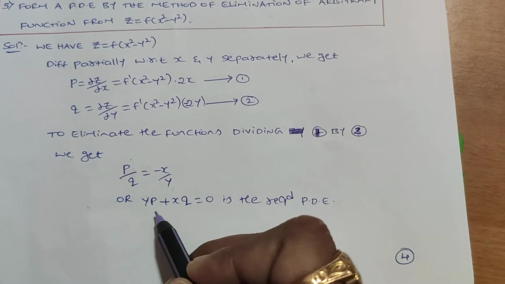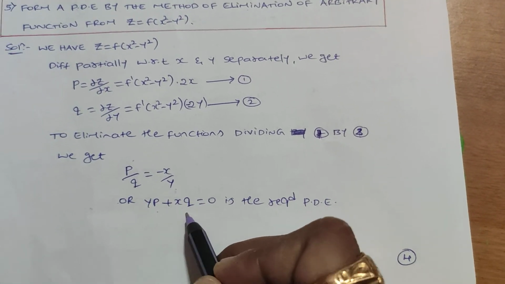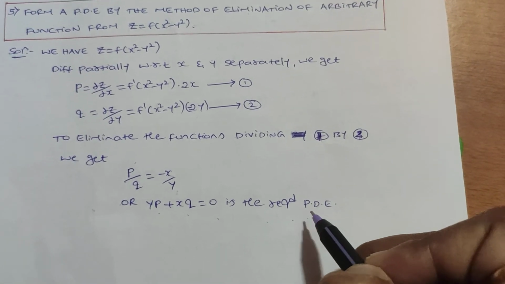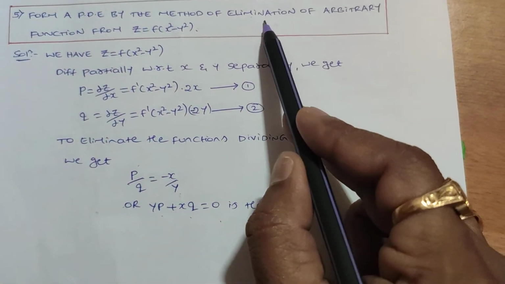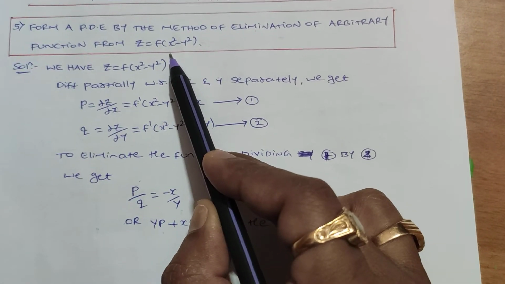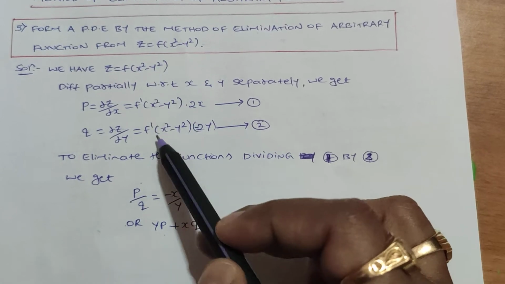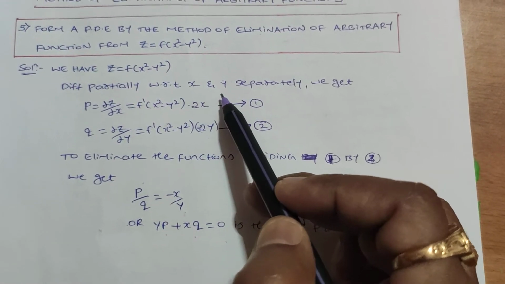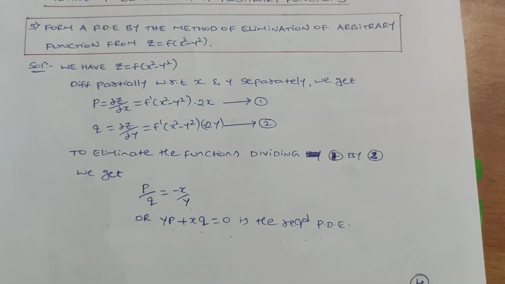On cross multiplication, we observe yp plus xq, which equals 0, is the required partial differential equation. Suppose the question is to eliminate an arbitrary function from the given PDE, the method is to differentiate partially with respect to x and y separately.